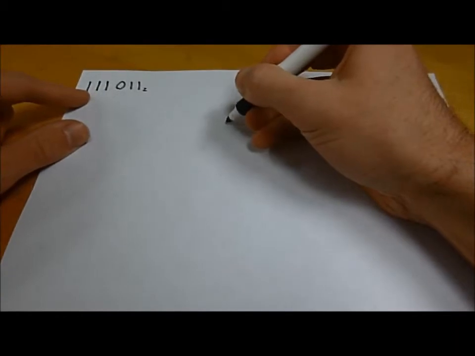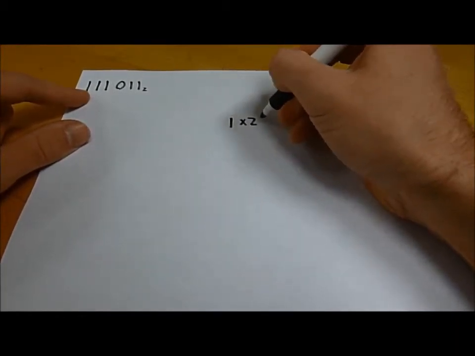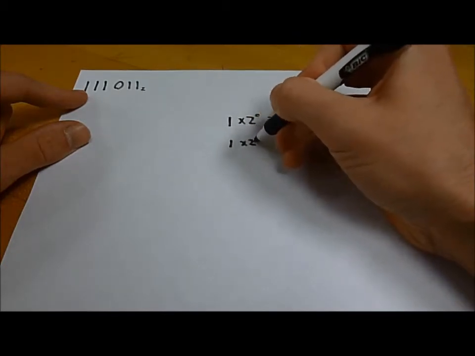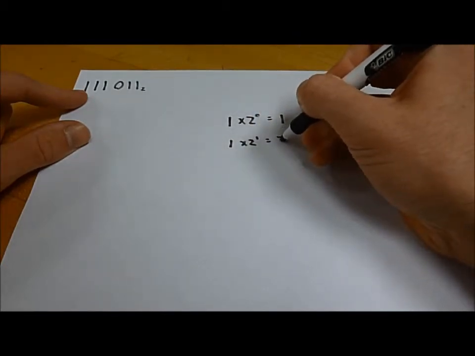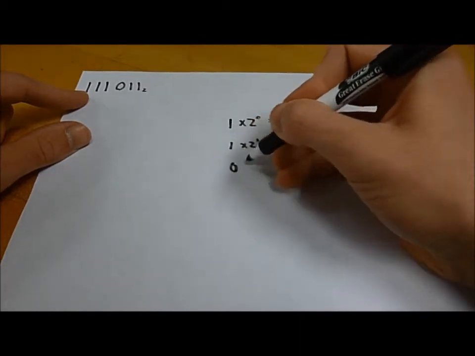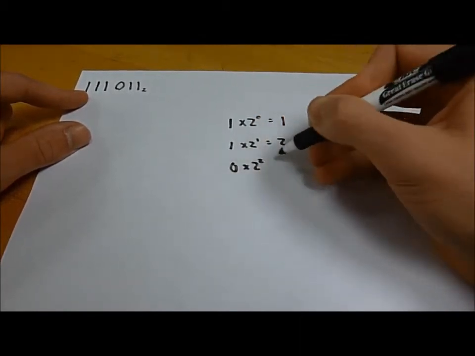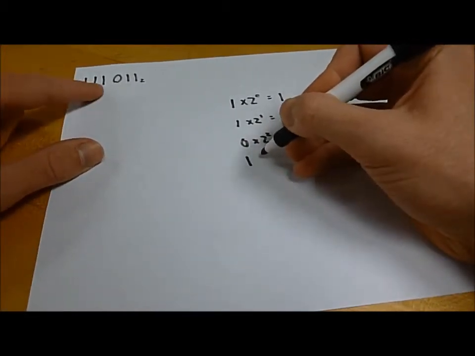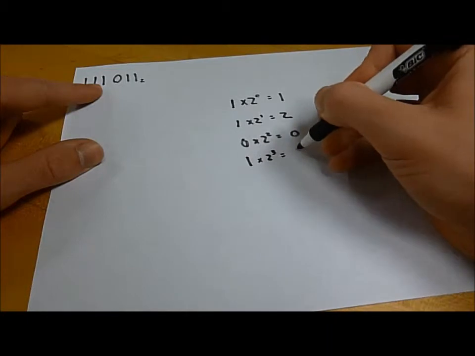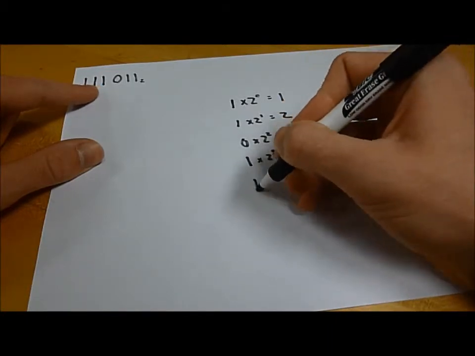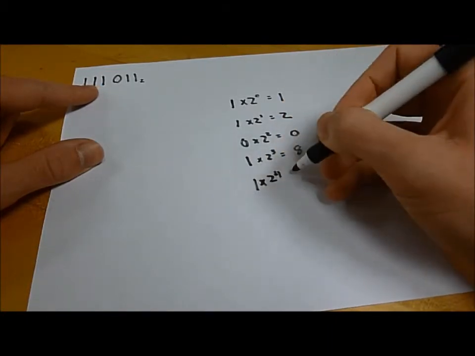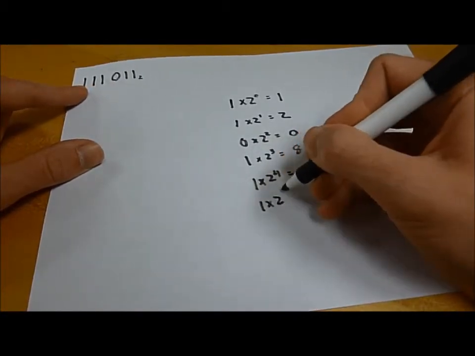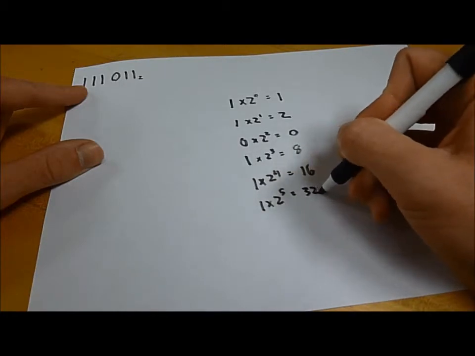So we start just as before. 1 times 2 to the 0 is 1. 1 times 2 to the 1 is 2. 0 times 2 to the 2 is 0. 1 times 2 to the 3 is 8. 1 times 2 to the 4 is 16. And 1 times 2 to the 5 is 32.